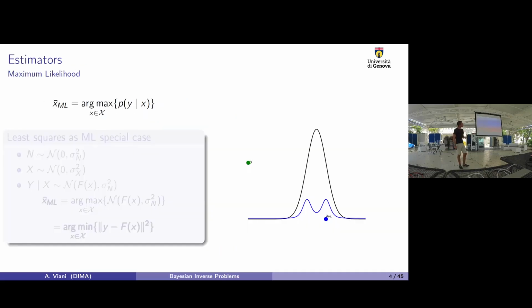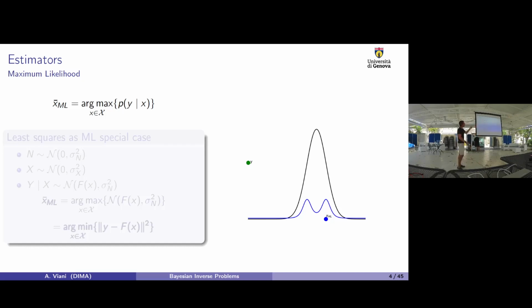Okay, but if we don't want to use a full Bayesian approach, so when we would like to reconstruct the entire posterior, but we would only use some estimators, we can use the so-called, the most common ones, the maximum likelihood and maximum a posteriori, that are nothing but a generalization of the L2 regularization and least squares.